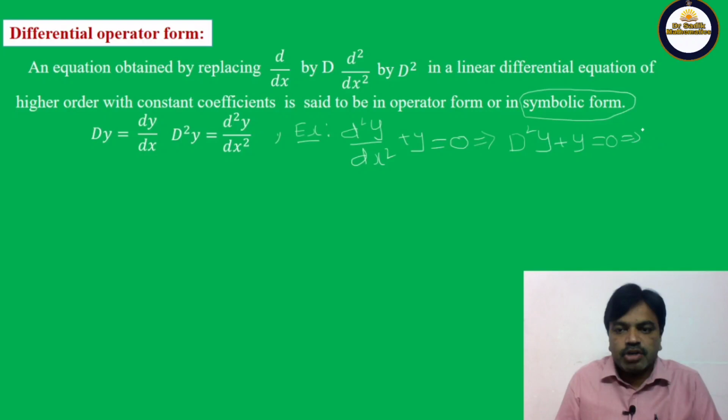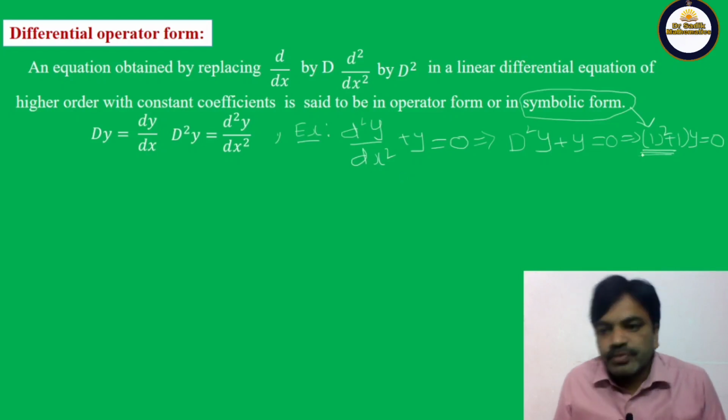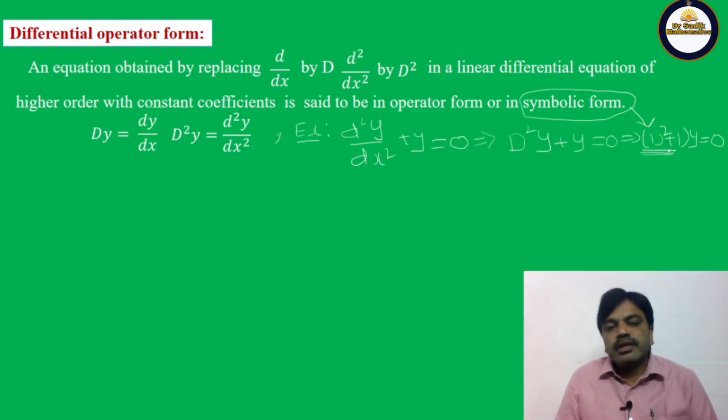Simply we can take y common here, so that we get D square plus 1 into y is equal to 0. This form is called symbolic form.